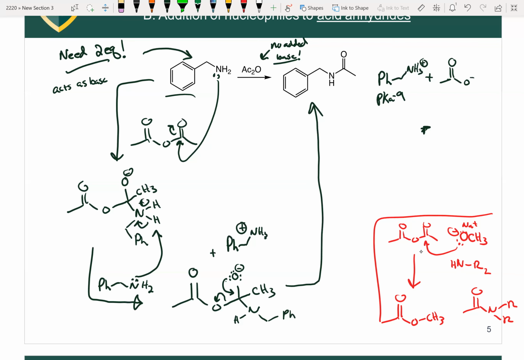It's not resonance, just an arrow. These could be in equilibrium because their pKa units are so close together. You may have a little bit of acetic acid mixed with this. However, because the pKa of this is about 5, our equilibrium is going to favor where the stronger base is protonated. Or it's going to favor the weaker acid, is another way of saying it.